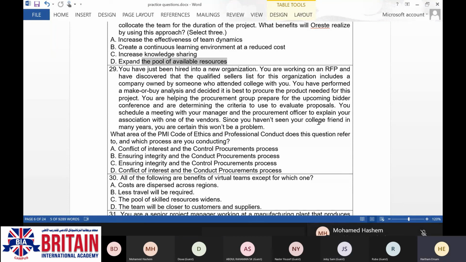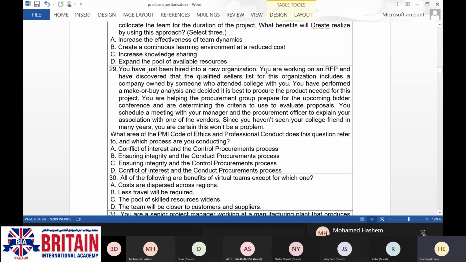The conflict of interest, regardless of the process, can happen at any time. It can happen with any knowledge area. But here, they are testing two parts. Your understanding of the situation: let's say you have just been hired by a new organization.